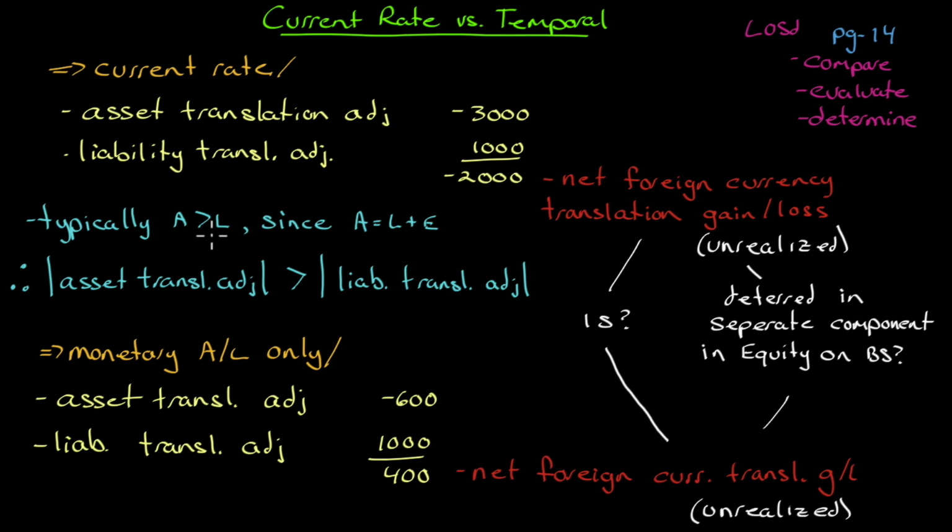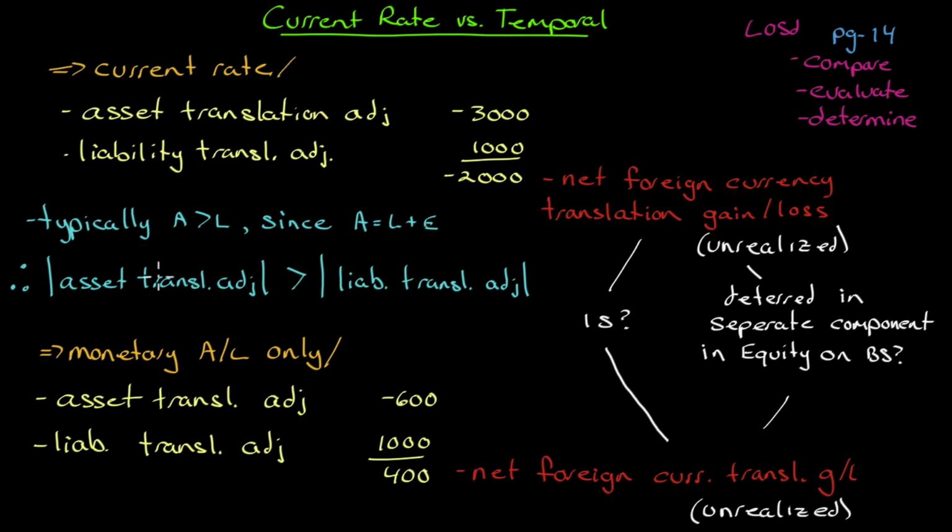So because of that, you're going to end up with a situation where if the currency strengthens, you'll have a net foreign currency gain. If it weakens, you'll have a net foreign currency loss, because you'll typically be asset heavy over liabilities. So if you look at it in terms of absolute value, the absolute value of the asset translation adjustment is greater than the absolute value of the liability translation adjustment.